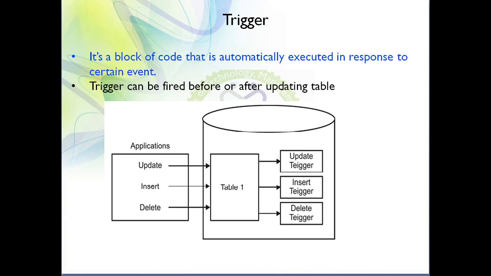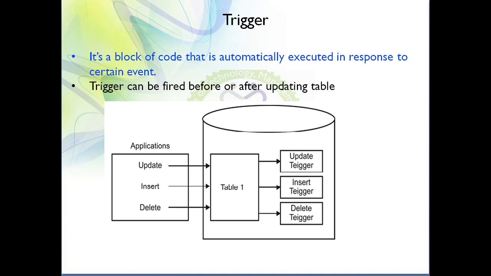So first of all, you understand what is trigger. Trigger is a certain block of code which gets automatically executed when a certain event occurs. Okay, so this is what a trigger is, a block of code which is automatically executed in response to a certain event. Now what is that event? That event can be insert, update and delete.